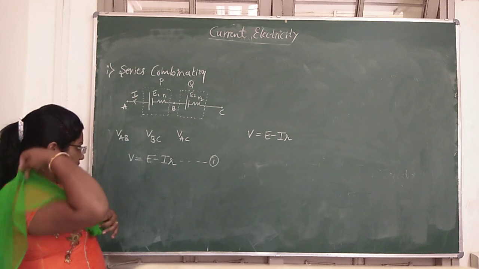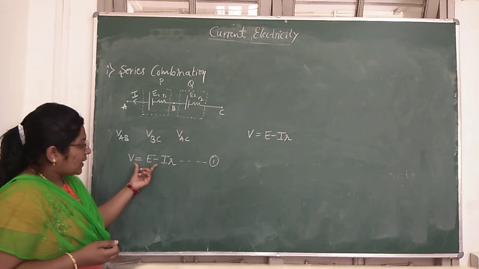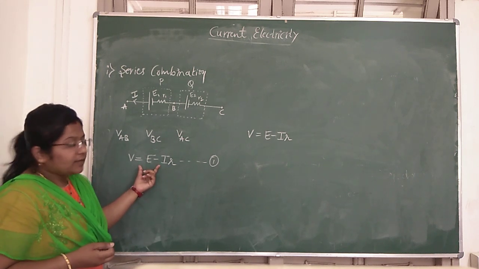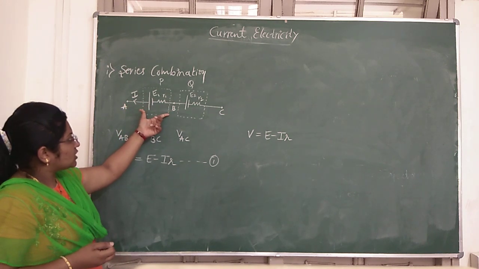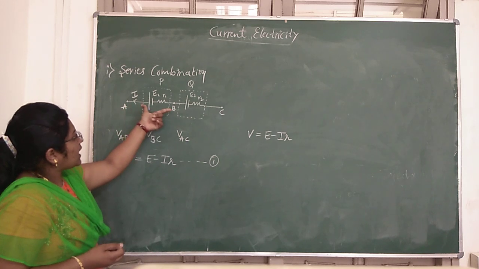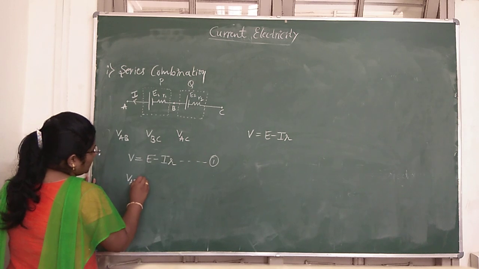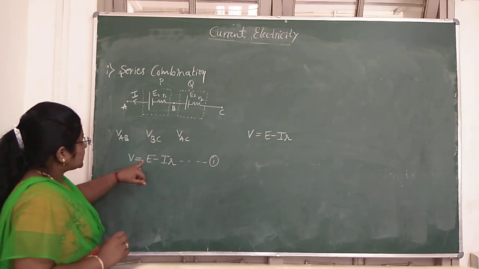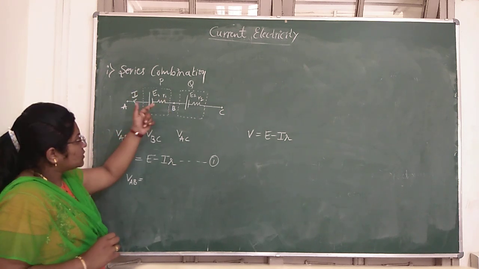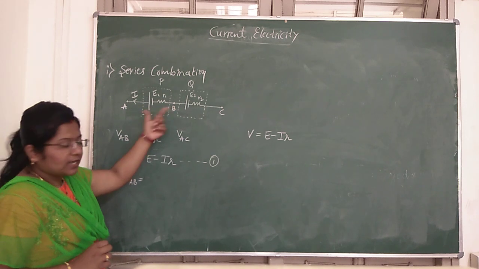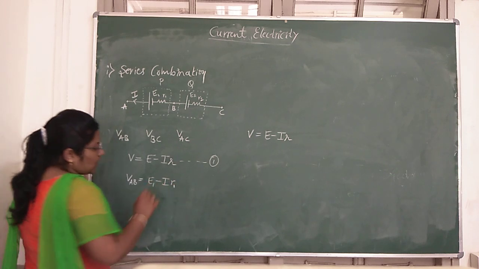Now, by applying this equation, let's calculate the potential difference between the points A and B. The potential difference between the points A and B is, as I told you, VAB. Now what is E? E1, I, R1. So can I write the potential difference between the points A and B as E1 minus I R1?